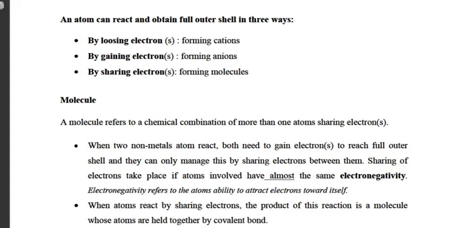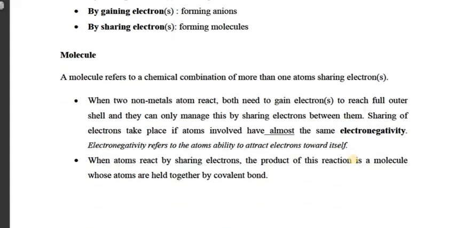When it has these 8 electrons, we say it has a stable, full outer shell. That is the objective of these atoms when they bond and take part in chemical reactions.